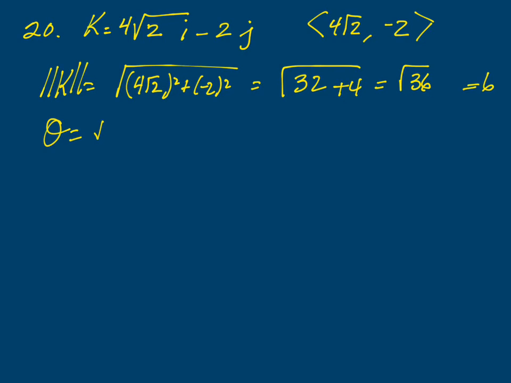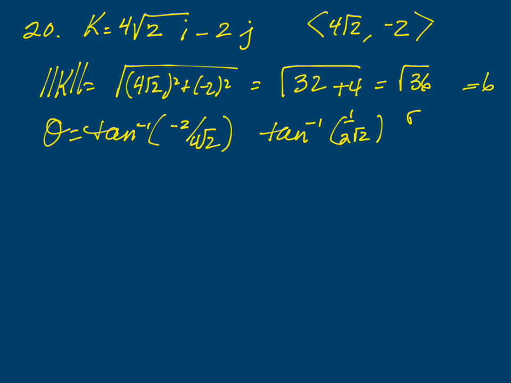And theta would be the inverse tan of negative 2 over 4 square root of 2, which is negative 1 over 2 square root of 2. So that is square root of 2 over 4. Is that right? Square root of 2 over 4.